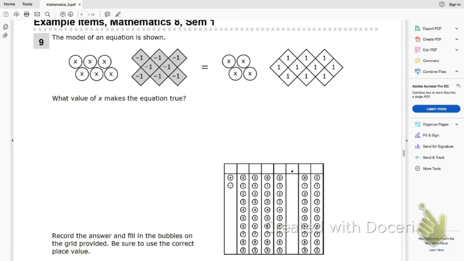Question number 9 on the practice ACT, probably the easiest problem on this whole practice test, but it still can stump people because they change it up a little bit. They're not cute. They changed them to boxes instead of long squares, and they changed to circles, but same stuff. You count the circles, 1, 2, 3, 4, 5, 6, so there's 6 here.